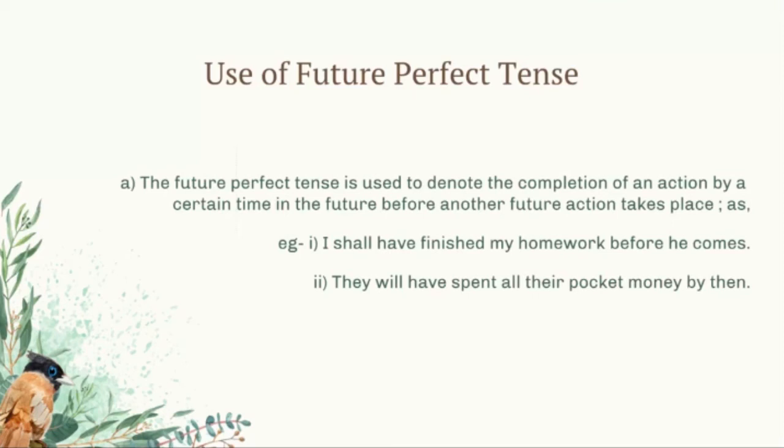Now, before he comes is the second future action and first future action has to be completed before the second one takes place and hence we have used it here. Second, they will have spent all their pocket money by then. Now then is showing another future action which may take place. So it's future perfect tense.